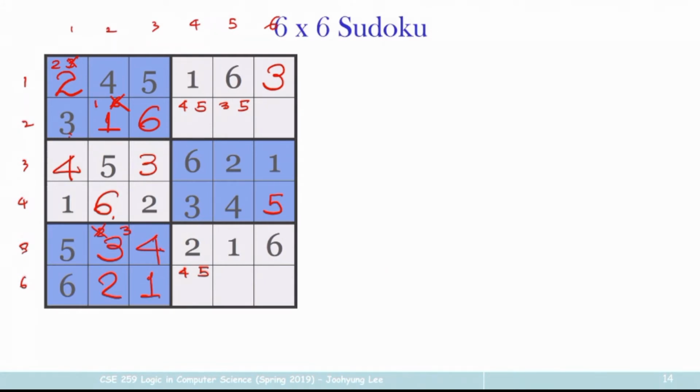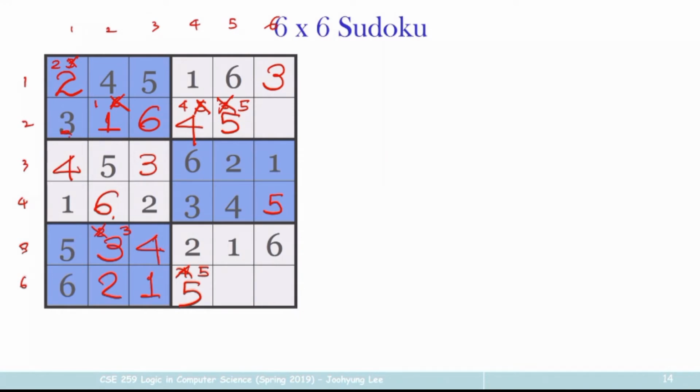Do we have any pruning out? Look at the row. The row already has 3 here, so this 3 is not possible, which gives me 5. And at this time, I can also say that 5 is here, then this is not possible, which means that this must be 4. If this is 4, then this cannot be 4, so this is 5. Good. This is the fun when people do Sudoku.